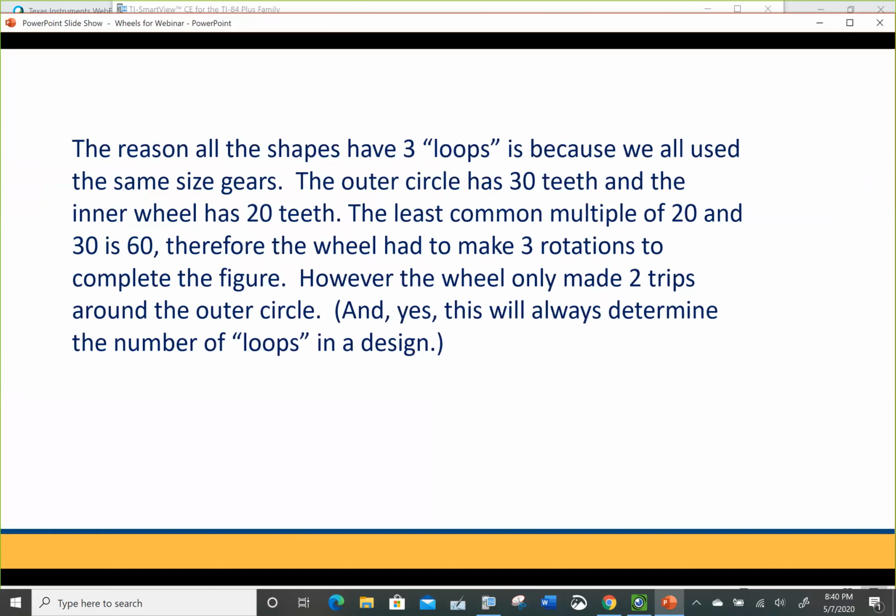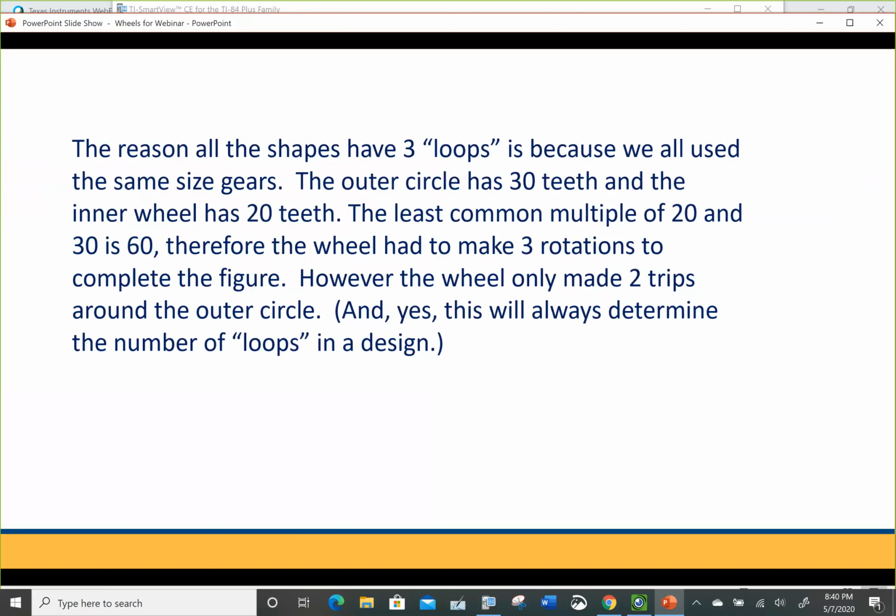If you were actually in my workshop, you would have all gotten one of these little toys to play with. Now, the outer circle has 30 teeth, and the inner wheel has 20 teeth. The least common multiple for 20 and 30 is 60. So that means the wheel had to make 3 rotations to actually complete this figure.